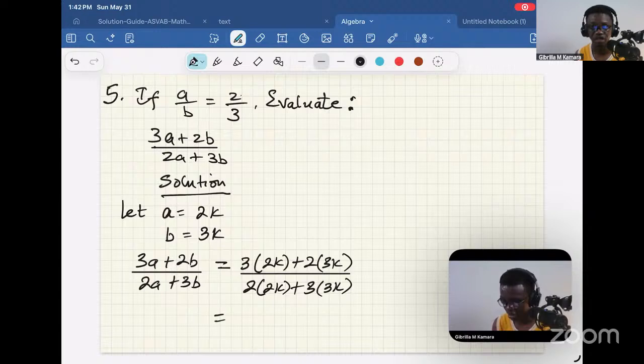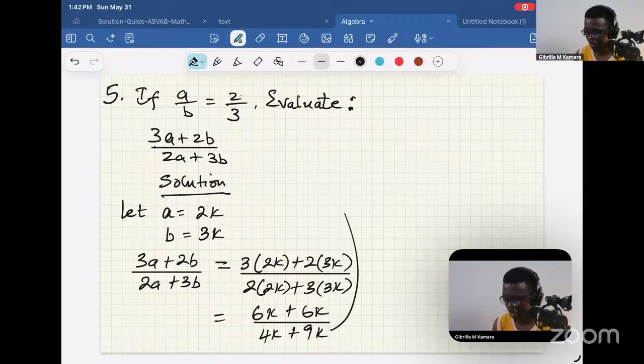I guess this is the easiest method you can use, okay? Multiply this and this gives you 6k plus 2 times 3, again 6k, divided by 4k plus 9k. Then your answer becomes 12k divided by 13k.